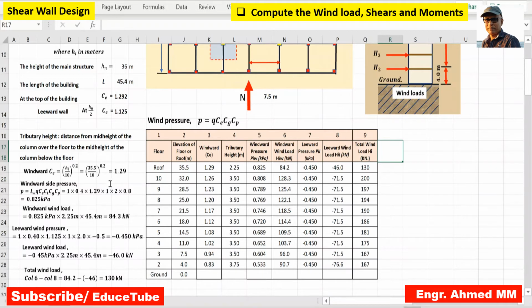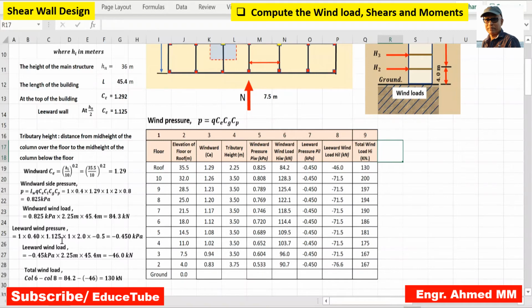But when I go for the leeward wind pressure, the difference is in the position of H. I will use half of the height. For example, building height is 36, so I will use half, like 18 meters. In that sense, the value came 1.125.